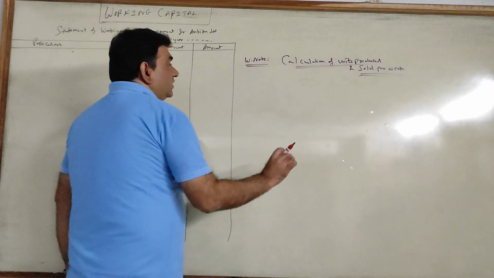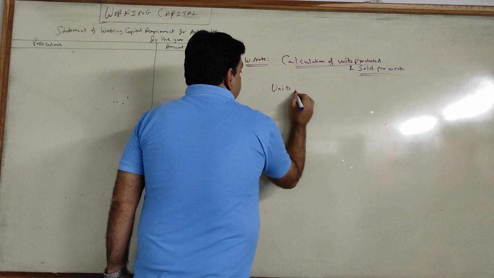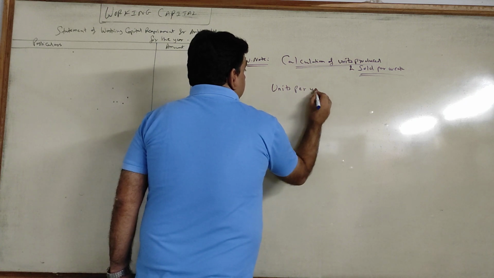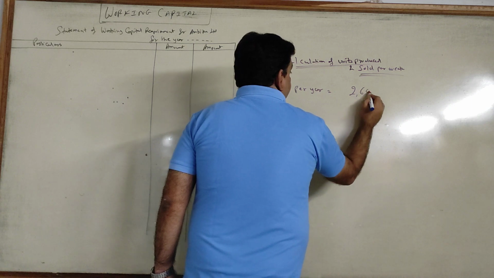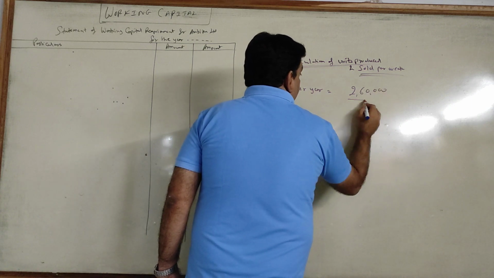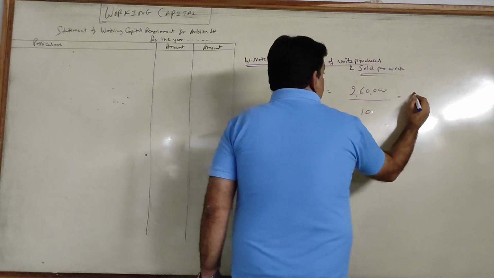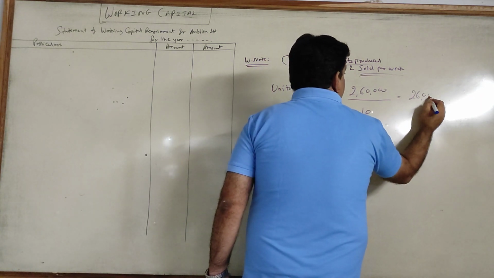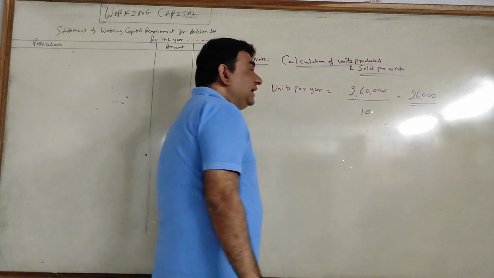So first, we will show its presentation. Units per year is equal to 2,60,000 divided by 10, that is 26,000. Getting it, guys?